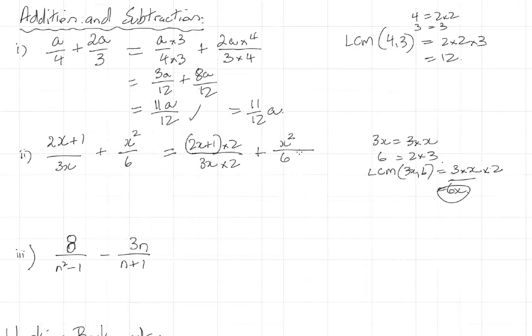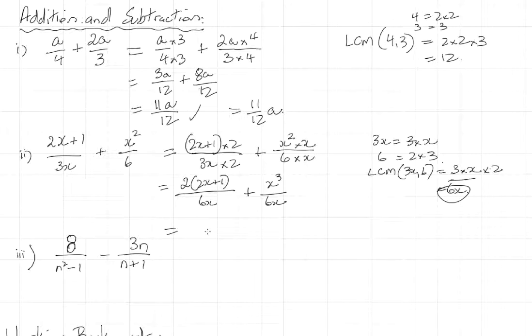We want to make it into 6x, so we've got to multiply both top and bottom by x. And that will be 2, bring the 2 at the front, 2x plus 1, all over 6x, plus x times x squared is x cubed, all over 6x.